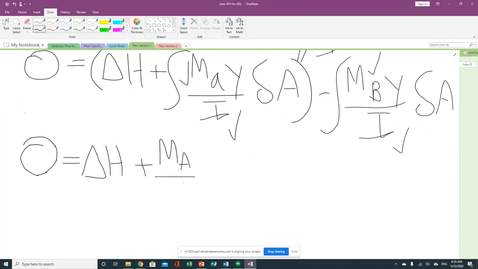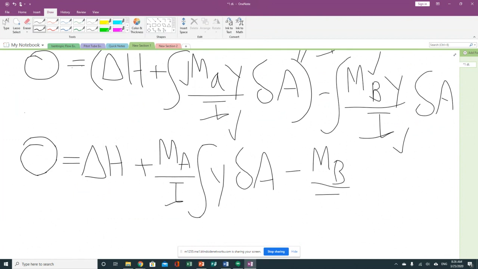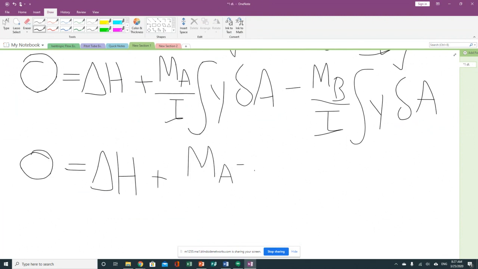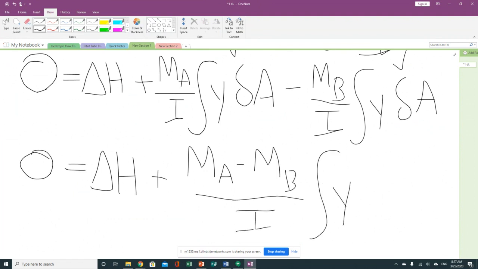So I can do this, and I get that. Cool. So if I wanted to group this a little bit, because we all know that factoring makes life fun, I get something like delta H plus MA minus MB over I times the integral of Y dA.